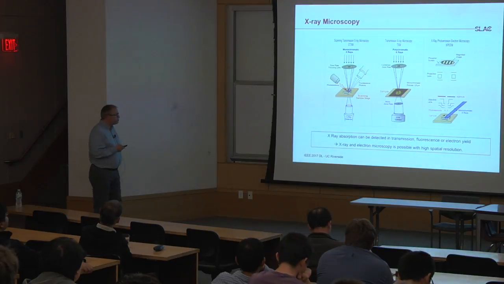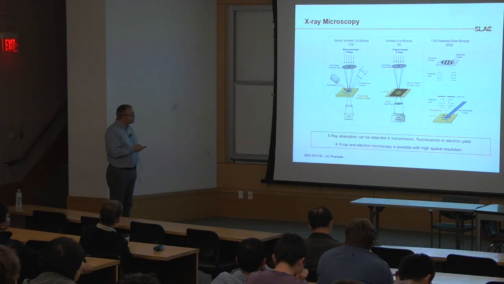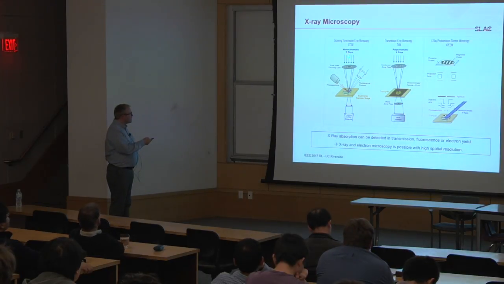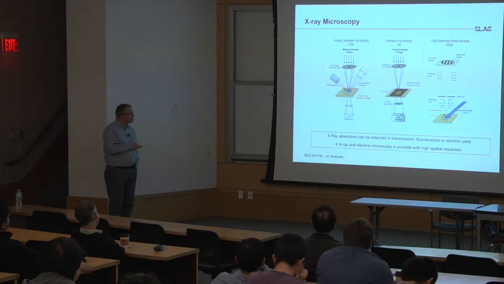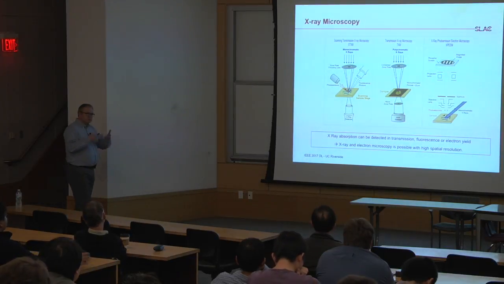A third way of doing this is using a PEEM microscope, as in the first image I showed you earlier on. There you do not look at X-rays going through the sample, but you're looking at electrons emitted from the sample proportional to how many X-rays get absorbed. So it's kind of an inverse effect there.